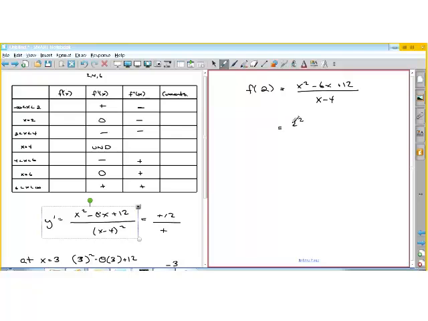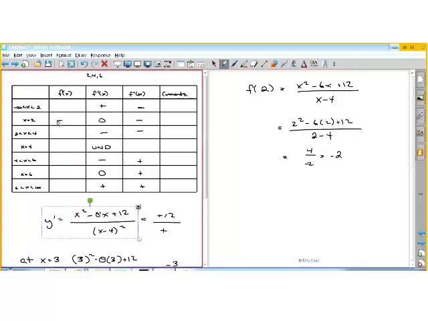So that's 2 squared minus 6 times 2 plus 12 divided by 2 minus 4. So 4 plus 12 is 16. 16 minus 12 is 4 divided by negative 2. And so we have negative 2. So when x equals 2, f of x equals negative 2.